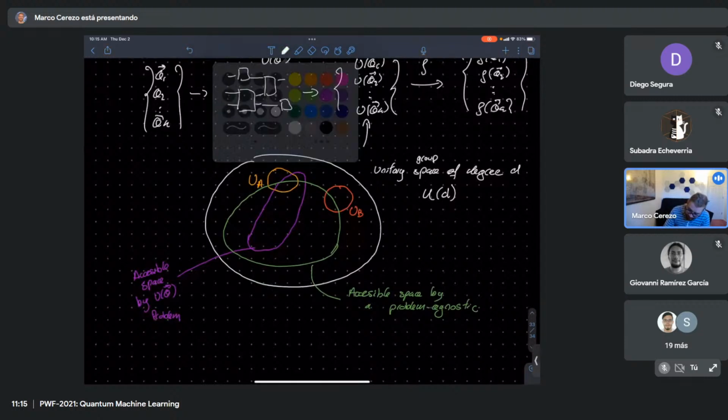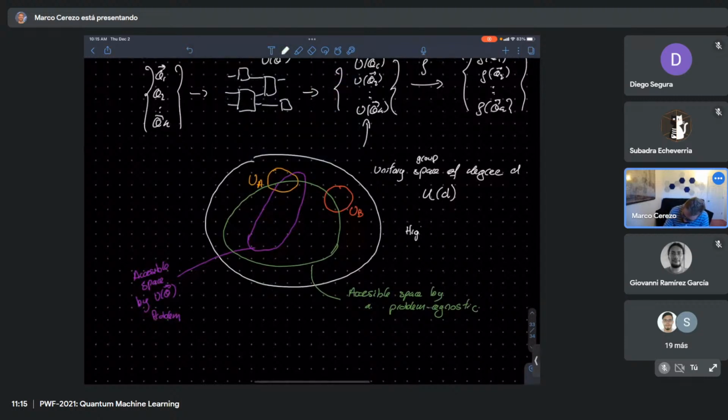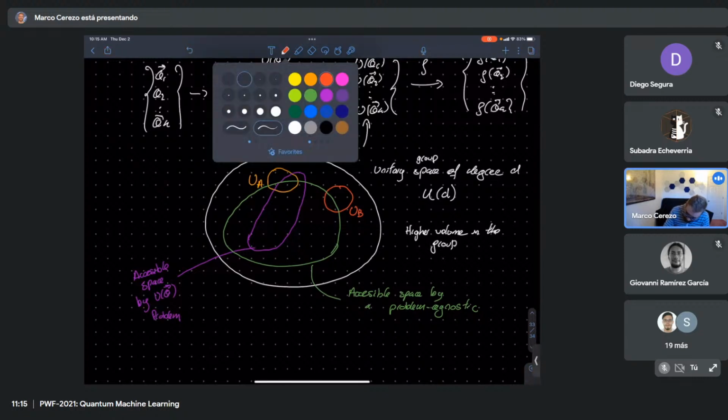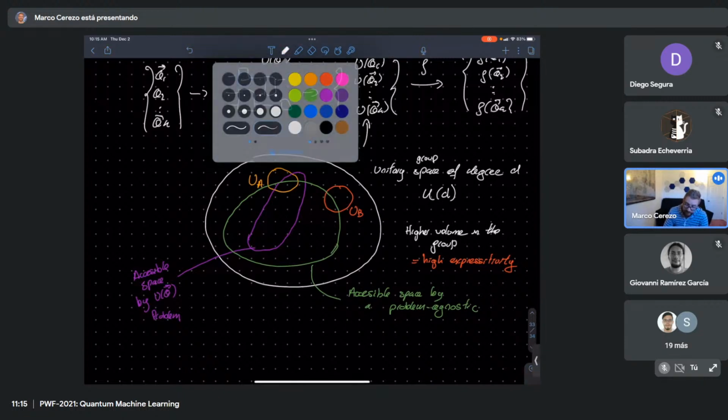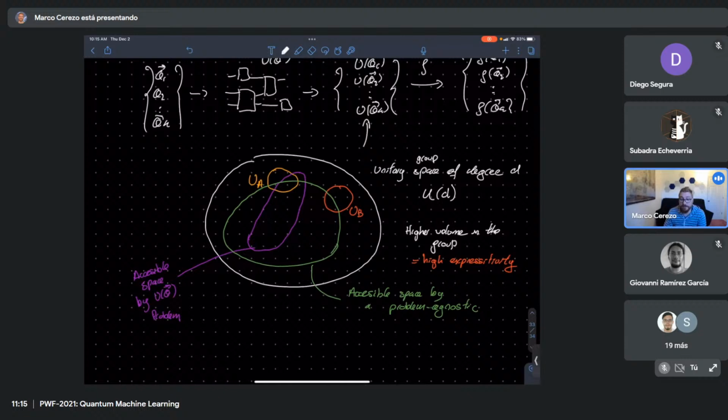Of course, here we can say that a higher volume in the group is called high expressivity. I've been talking about expressivity, but I wanted to bring it up. It would seem that having high expressivity in my ansatz is great, since I can use it for multiple problems. But as we will see tomorrow, that is usually not the case.